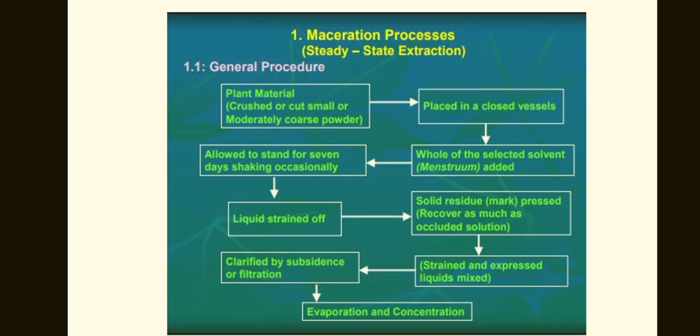General procedure: plant material is placed in a closed vessel, then all of the selected solvent is added, the solid residue is pressed, strained and the expressed liquid mixed, then clarified by subsidence or filtration.